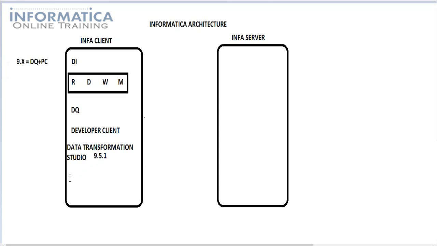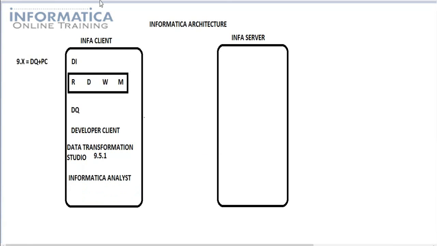Alright. And you have another client tool called Informatica Analyst, which allows us to perform the data quality operation. So there are two clients: one is the Developer client, and the other is Informatica Analyst.